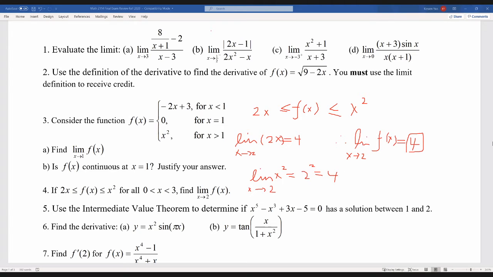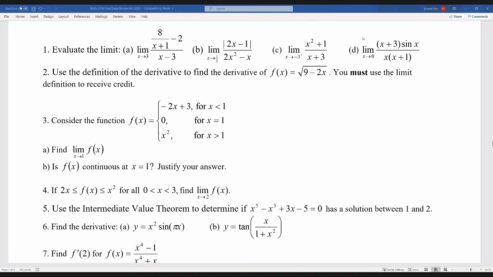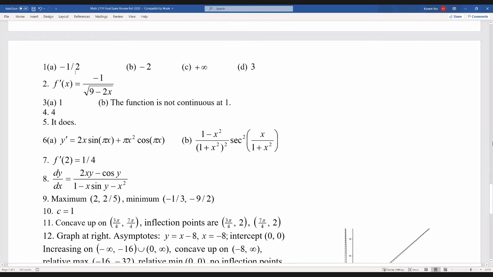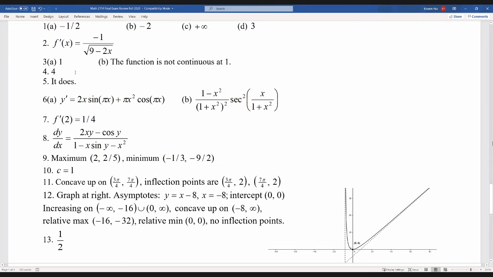Okay, let's take a look at the answer in the textbook. Same answer? Yeah, 4. See, right? Number 4, the answer is 4.